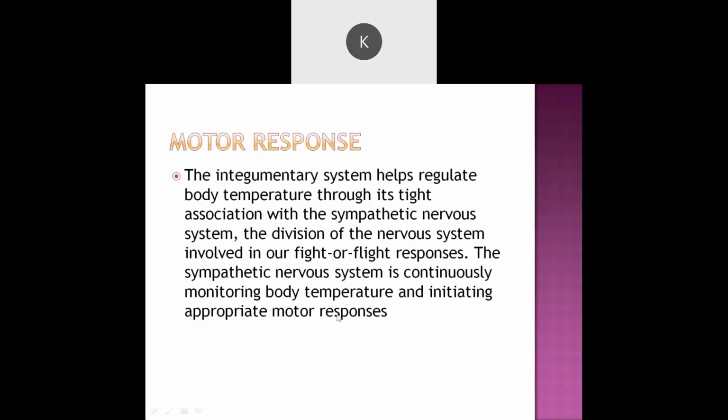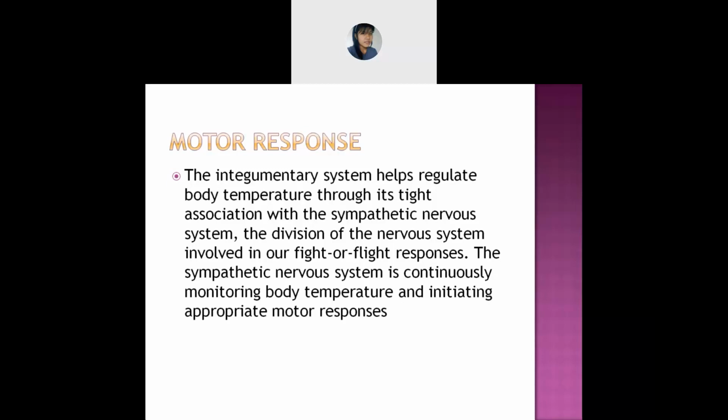Okay, next is motor response. In the motor response also, the skin plays an important role. That is the sympathetic nervous system, like the fight or flight response. If somebody touches you, you are able to respond quickly.